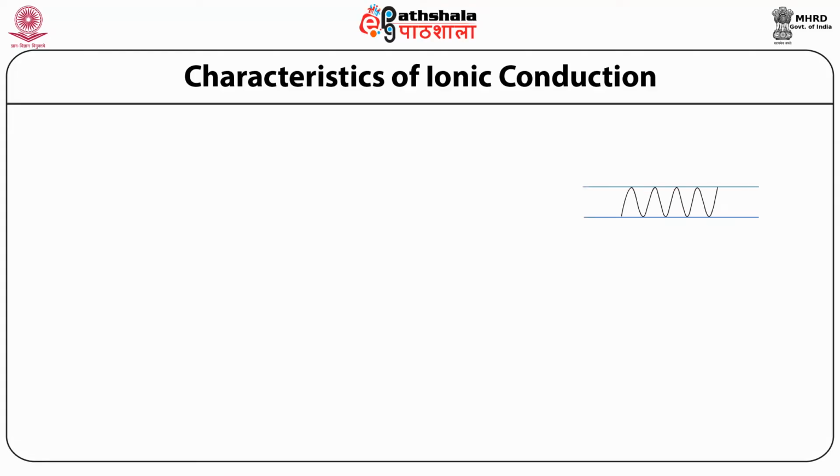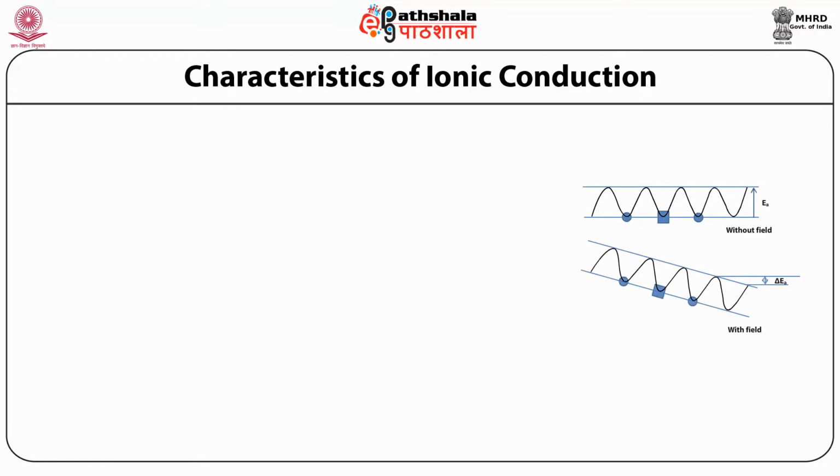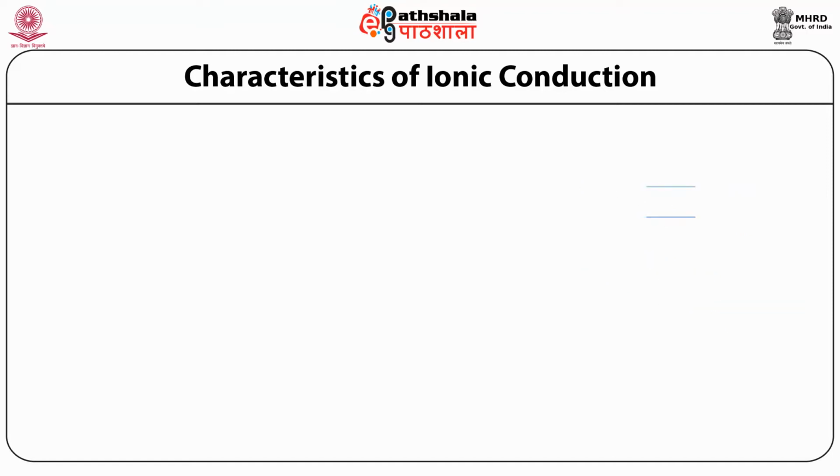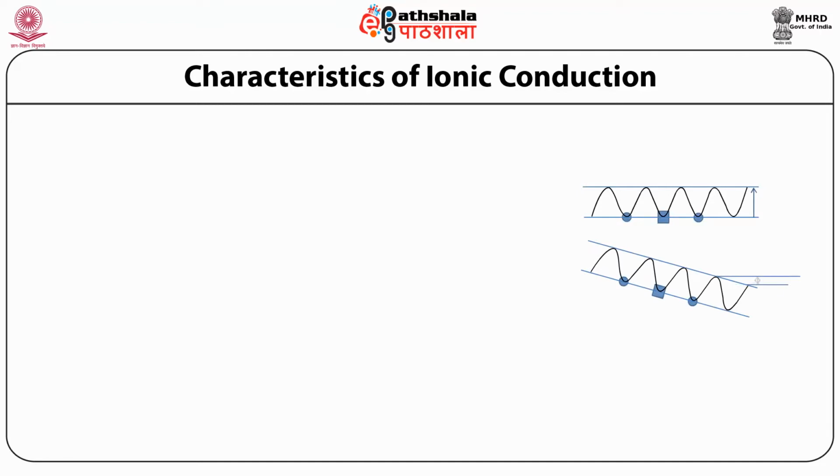So students, you can see on the right hand side the schematic showing the lattice ions and vacancies in a potential well with and without applied electric field. Here E_A corresponds to the migration energy.